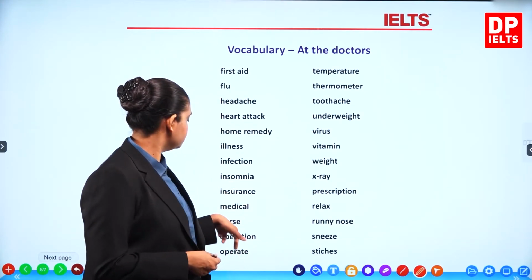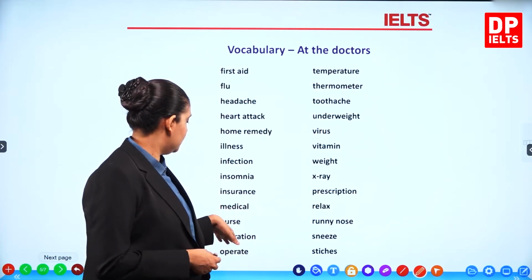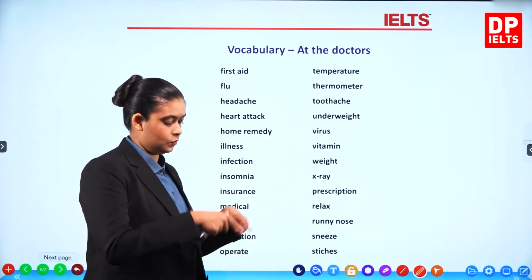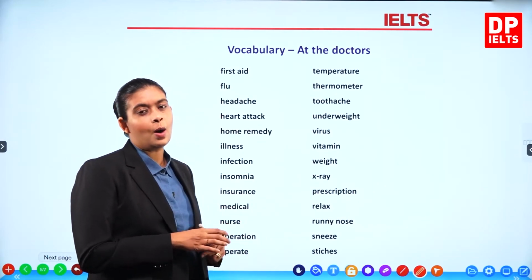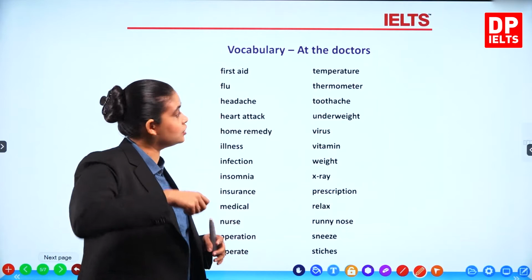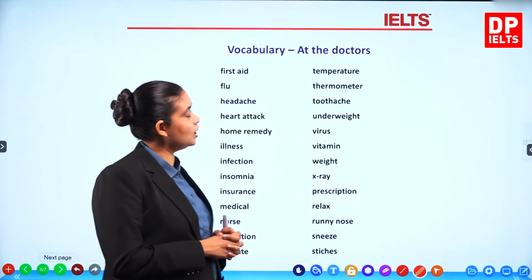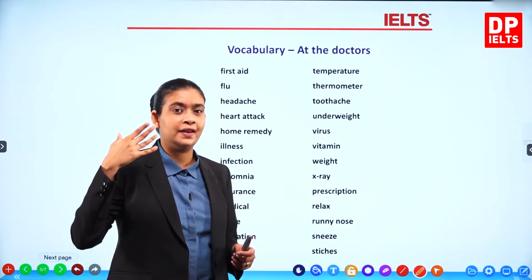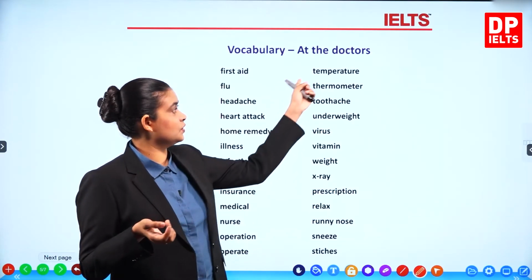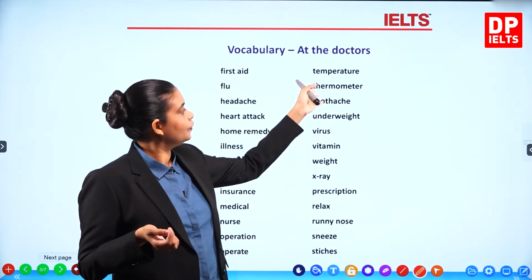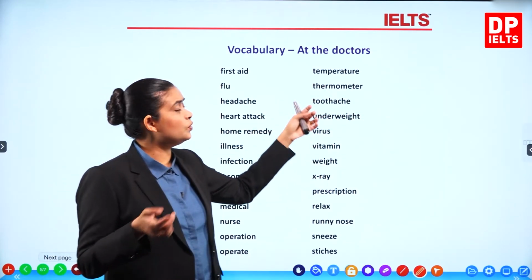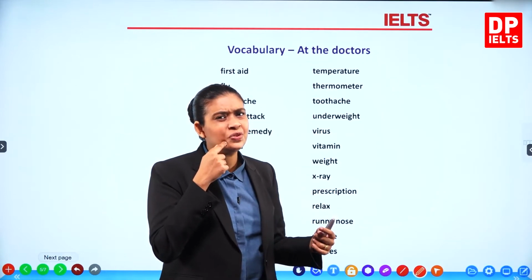Medical, nurse is a person who helps the doctor. Operation, the cut, okay. Operate is the actual action. Temperature is, you can either get 101, fever at 101, so temperature, okay. Thermometer is what you actually check it with. Toothache is when your tooth is hurting.